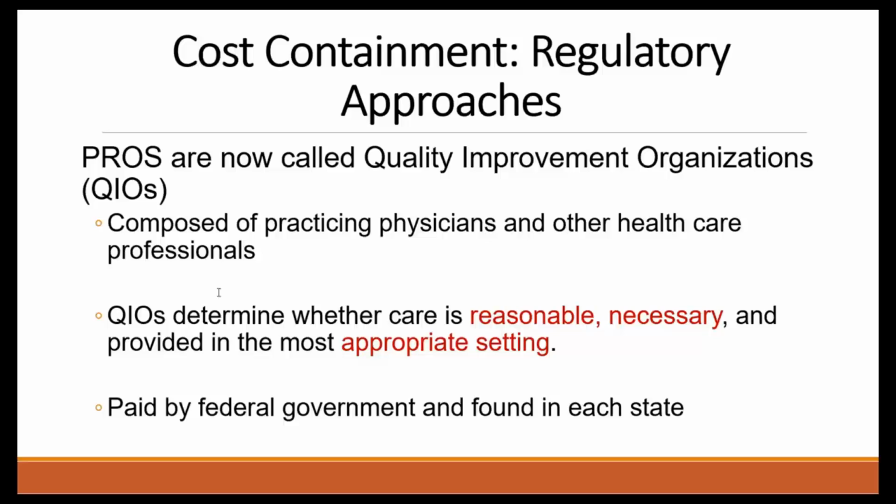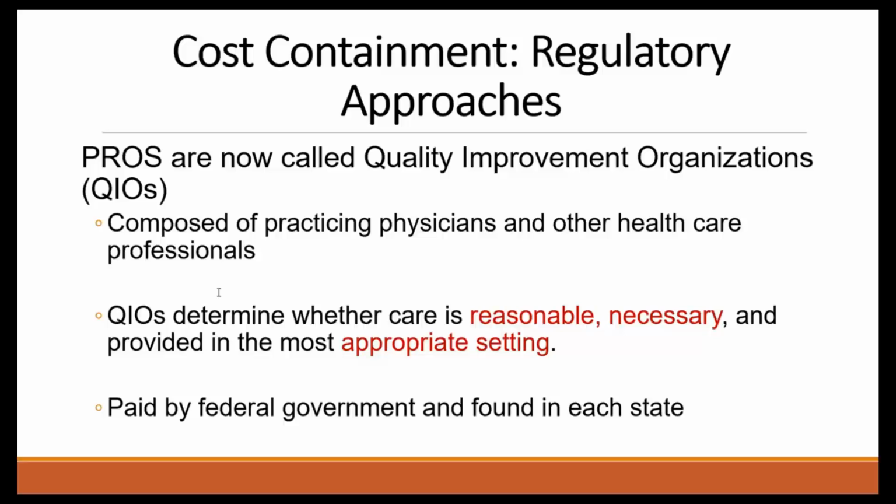These organizations are charged with the responsibility to really determine whether care delivered is reasonable, necessary, and provided in the most appropriate setting. So, quality improvement organizations have the authority to deny payment if care is not medically necessary or not delivered in the most appropriate setting.